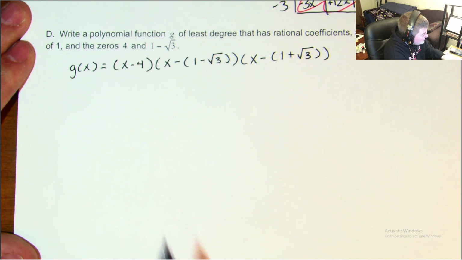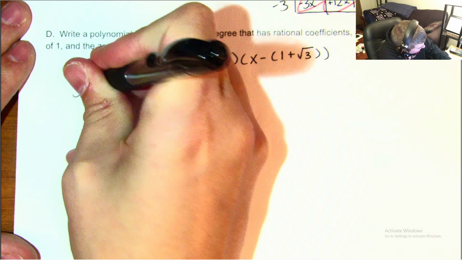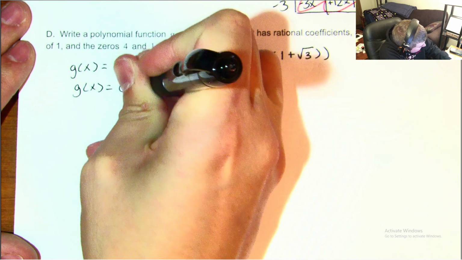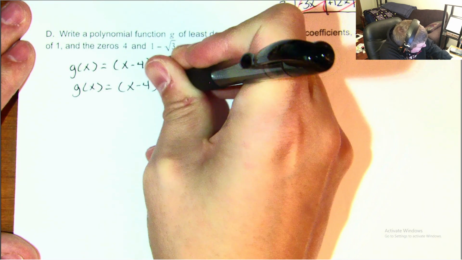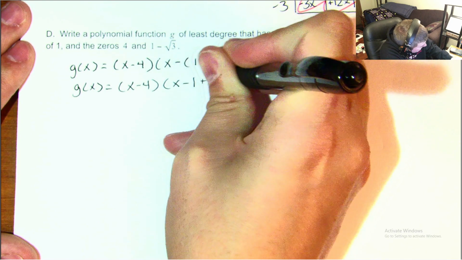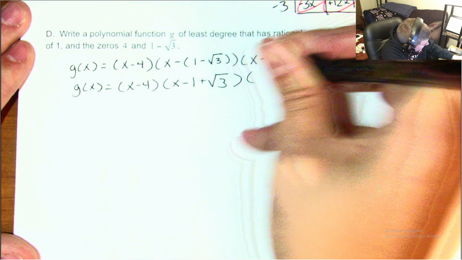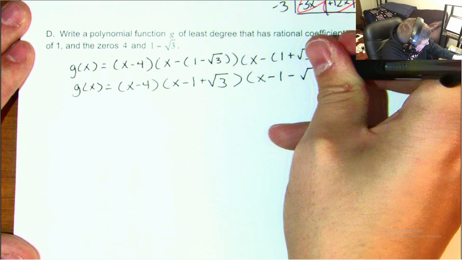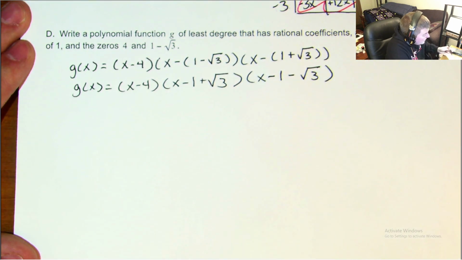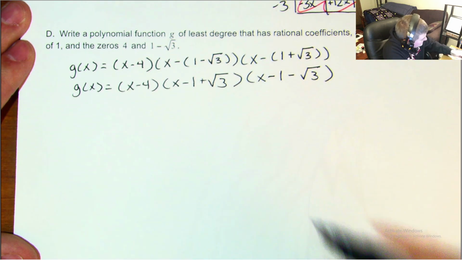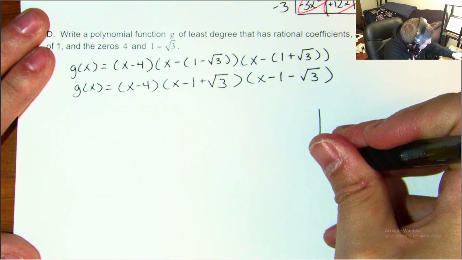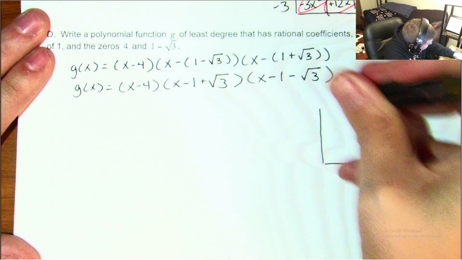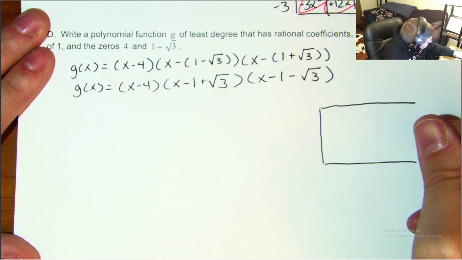Okay, so now let's simplify by distributing these negatives and just getting them into the simplest form possible. x minus 1 plus the square root of 3, x minus 1 minus the square root of 3. Okay, and then we're going to multiply these parts together. And this is probably the most complicated part of the problem. Okay, we have 3 terms by 3 terms, so we need a 3 by 3.